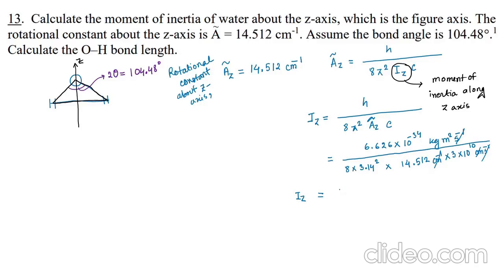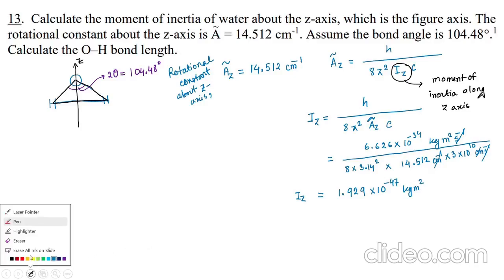I'm getting a value of 1.929 into 10 to the power minus 47 kg meter square. Okay, now this is my first answer which I wanted.